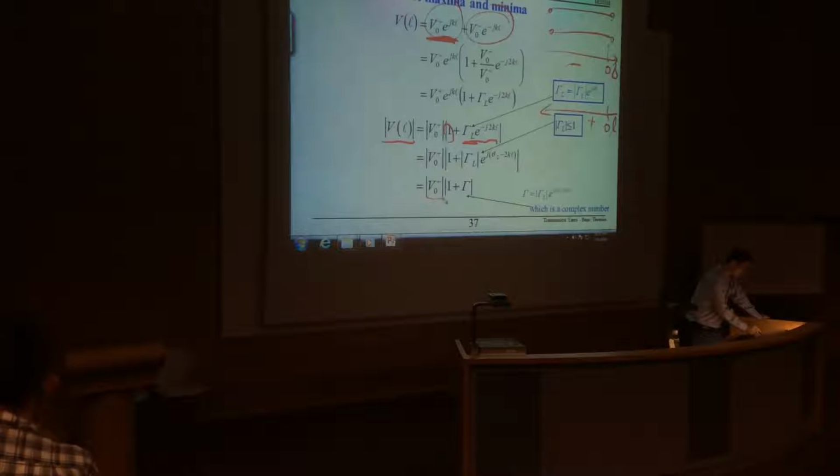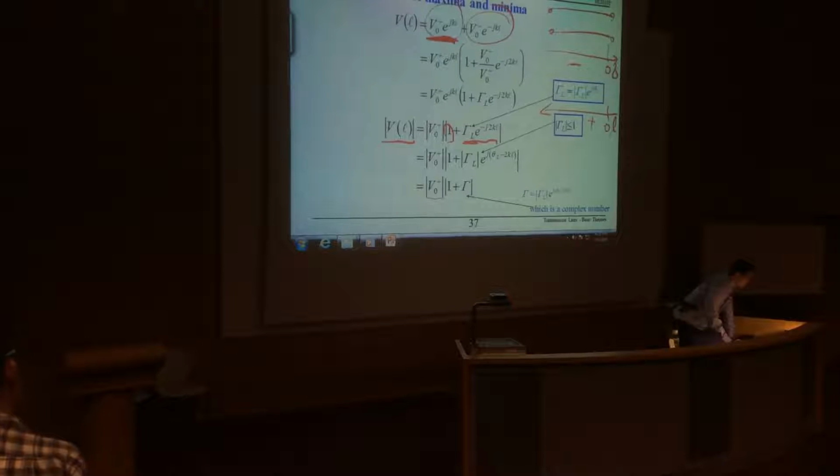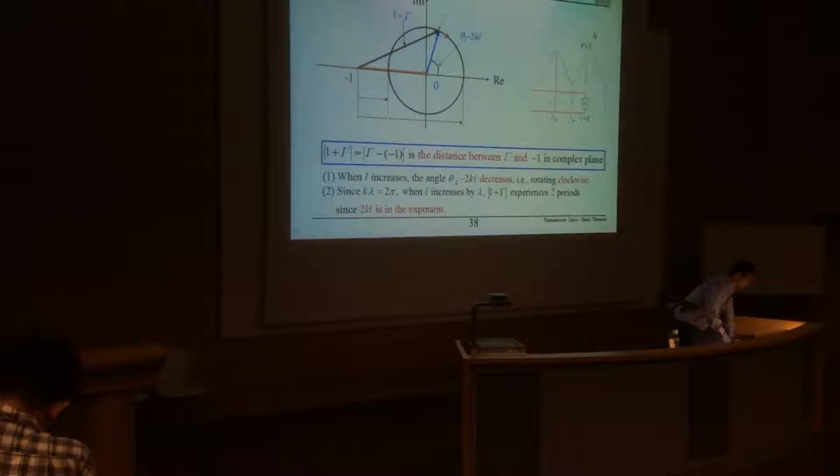This is the peak value along the transmission line for the incident, so it's incident plus reflected. Now our objective is to find the maximum and the minimum, so we use a similar approach, by using the complex plane.